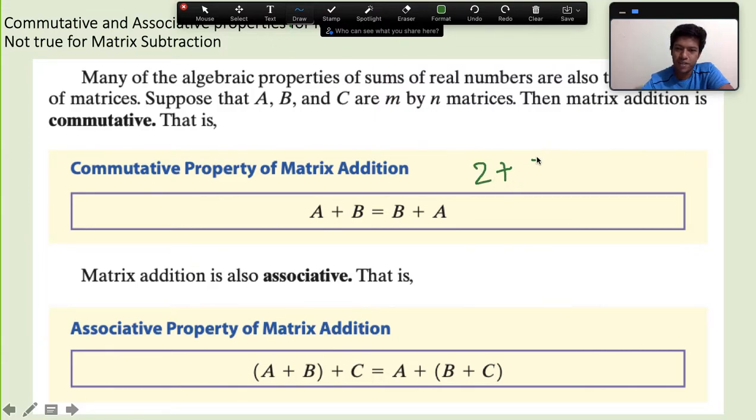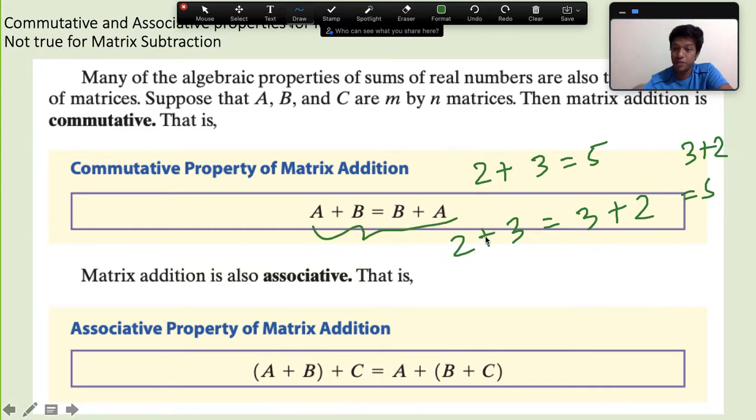So 2 plus 3 is 5, and then 3 plus 2 is also 5. So basically you get the same thing, 2 plus 3 and 3 plus 2. If the interchange doesn't matter, this is what it says, that commutative. But this matters when it is subtraction.